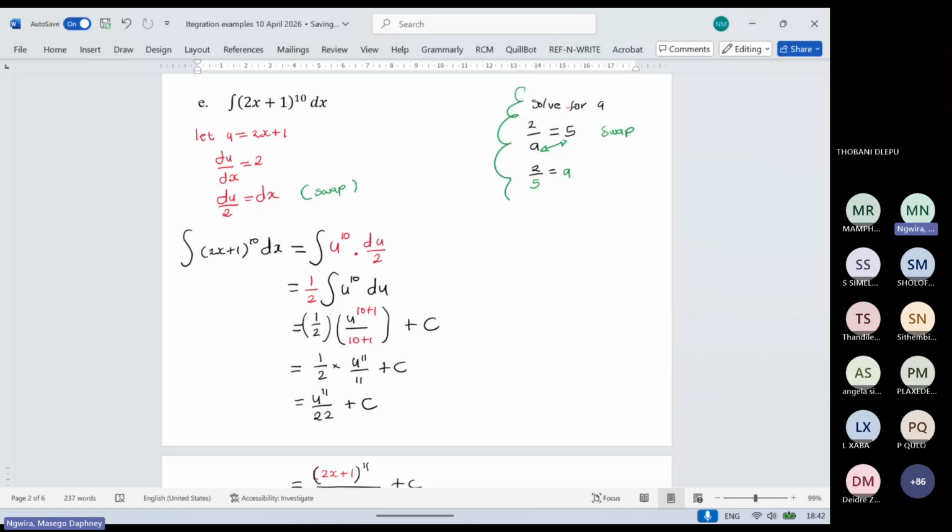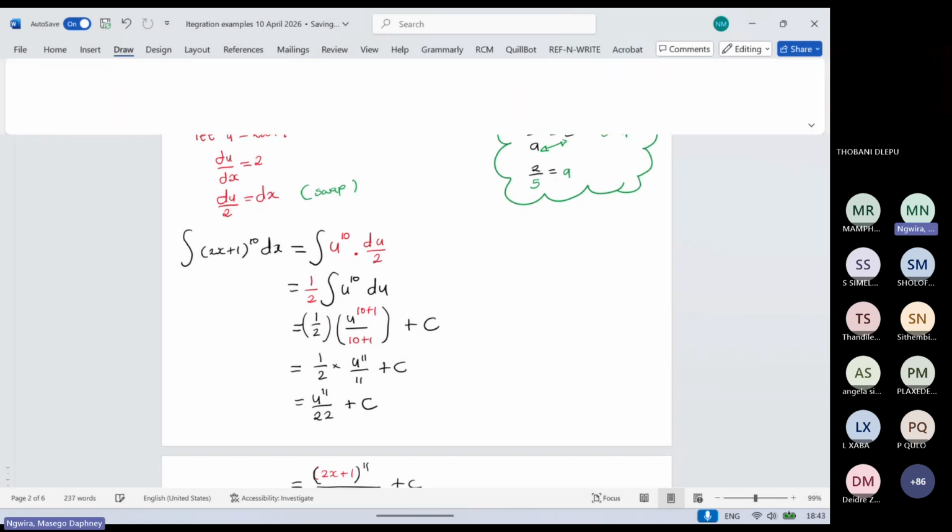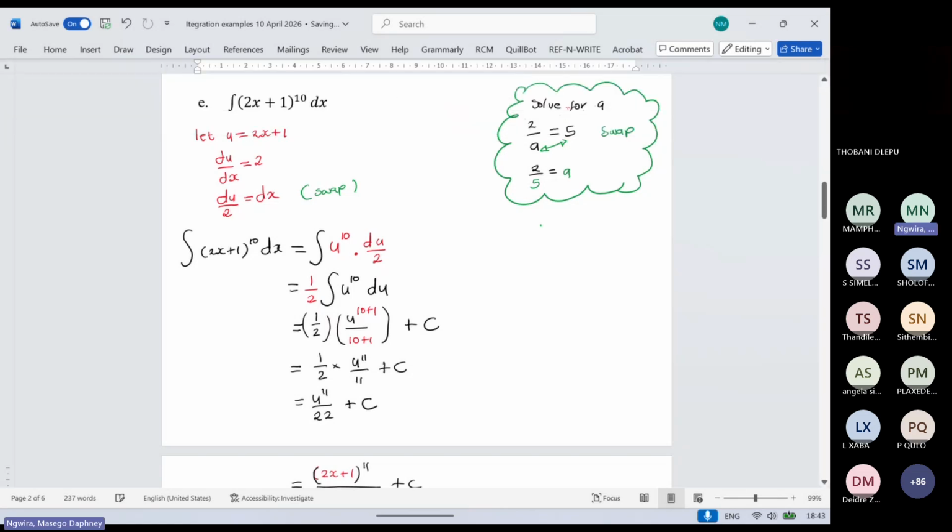So now let's look at this one. When I have a over 2, and then this equals 5, and I want to solve for a. My a is already at the top.